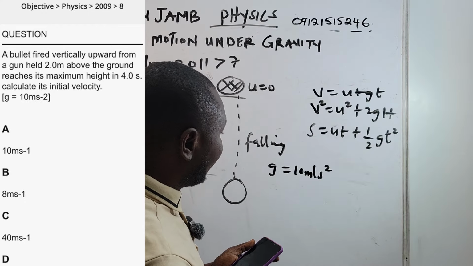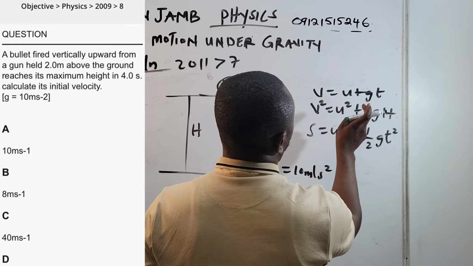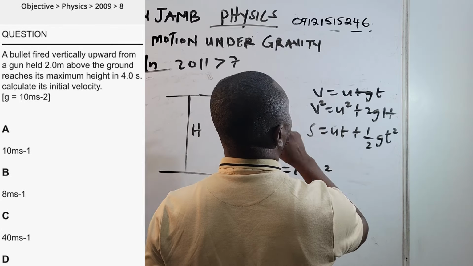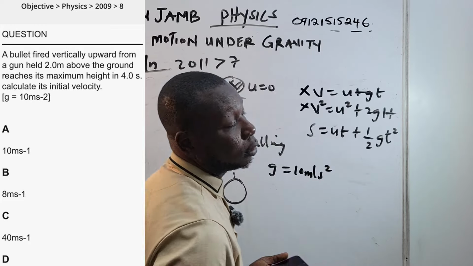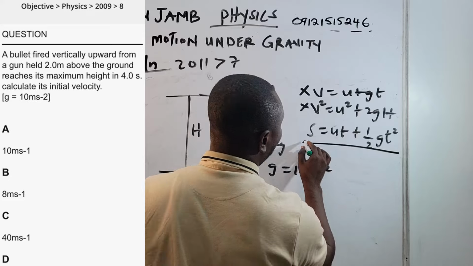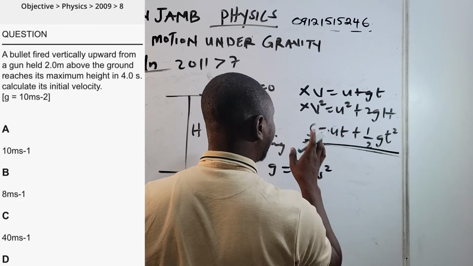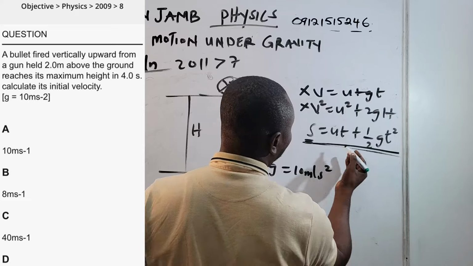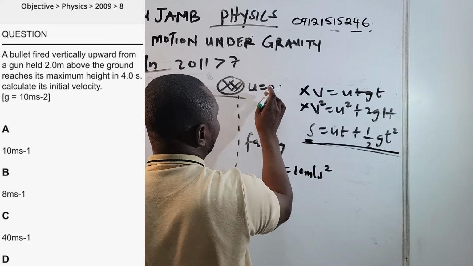So the information we don't have is the initial velocity and the final velocity. So these two are out of the equation. So what we are going to apply is this. Why are we applying this? We need a distance, the vertical distance. Before the object falls to the ground, the initial velocity U was 0.